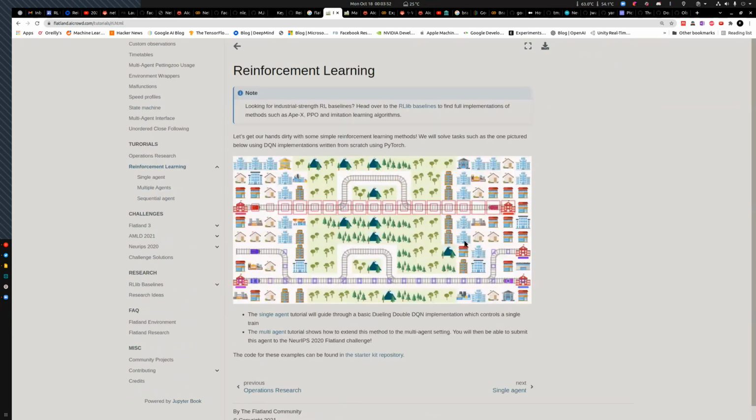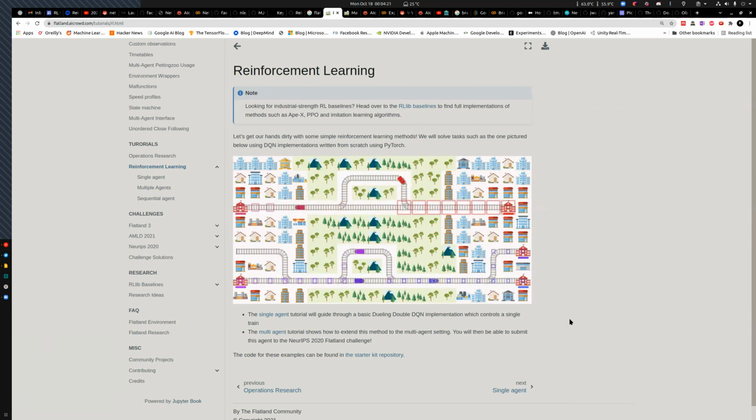This is a reinforcement learning based agent, as you can see here. This is a kind of sequential. Here we have 4 or 5 trains that are appearing at the beginning of the episode, and they have to reach their destinations.